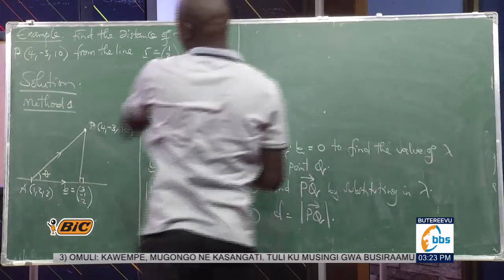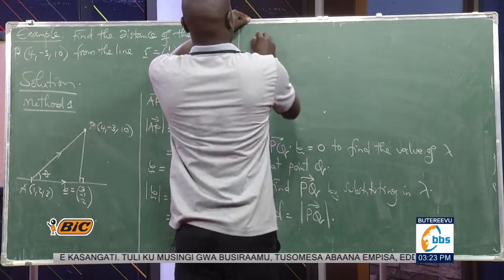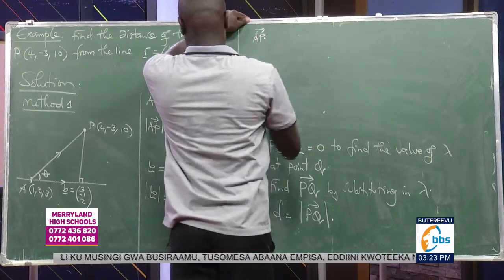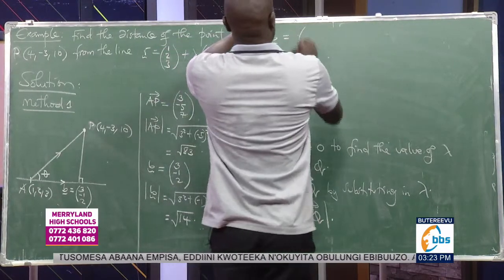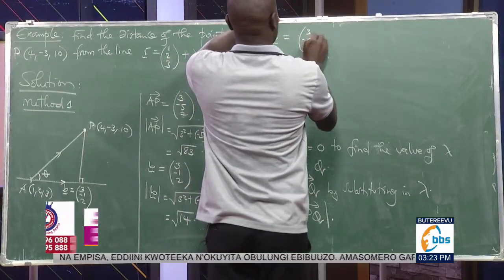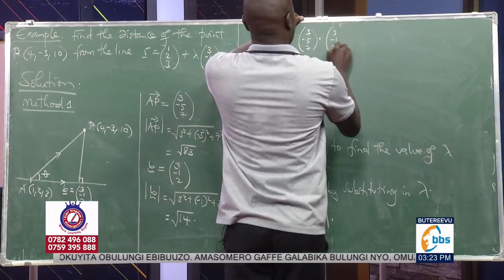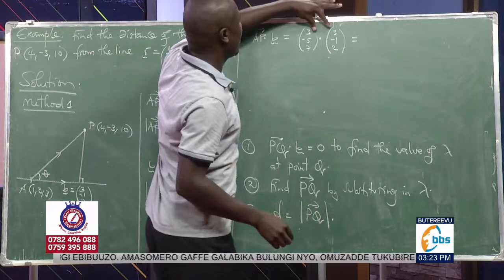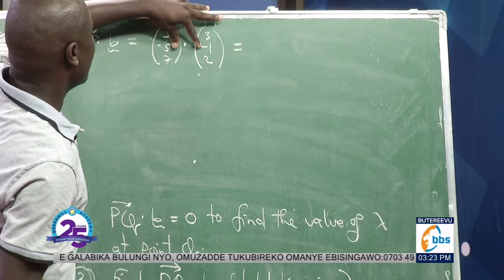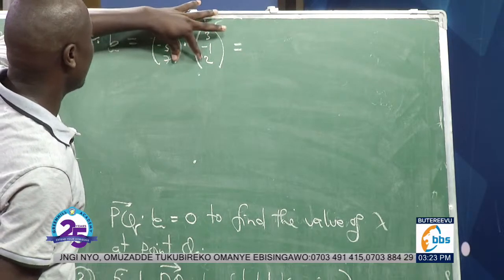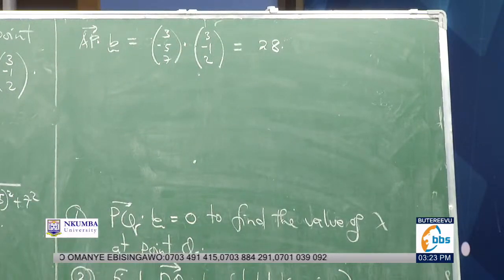AP dot B is going to be equal to (3, -5, 7) dot (3, -1, 2), and this is going to be 9 plus 5, which is 14, and then 14 plus 14, that is 28. So the dot product there is 28.